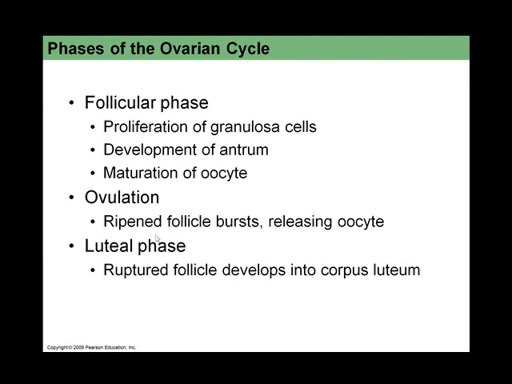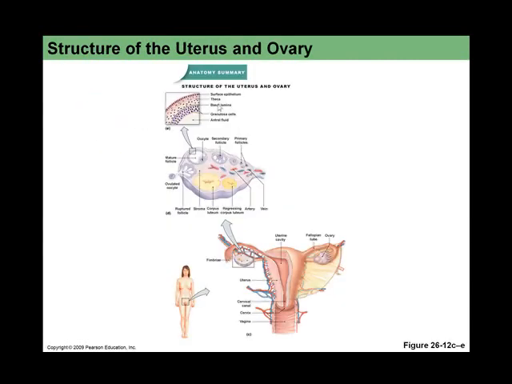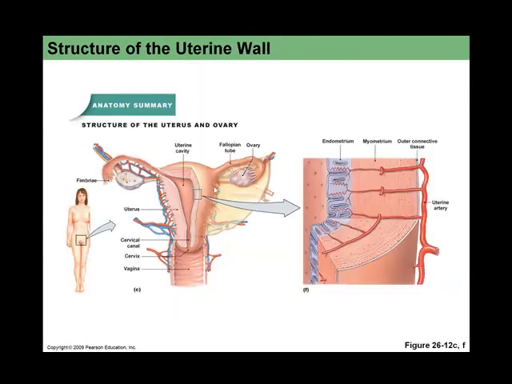Okay, so at ovulation, that ripened follicle, the mature follicle, will rupture or burst and release the oocyte as we saw. The luteal phase of the ovarian cycle, corresponding to the post-ovulatory phase of the menstrual cycle, is where we follow the ruptured follicle, the granulosa cells and the thecal cells as they differentiate into the corpus luteum.